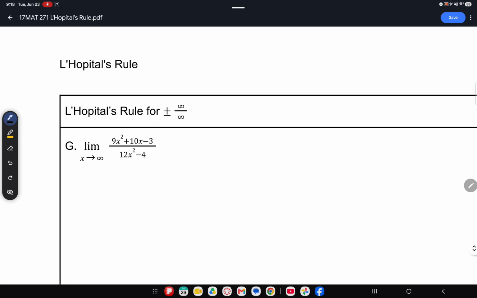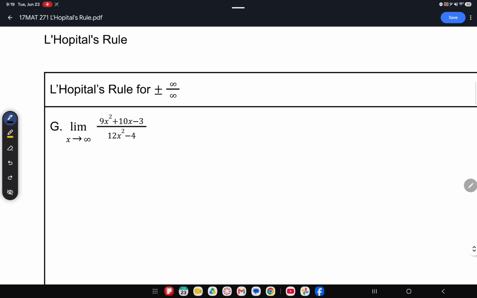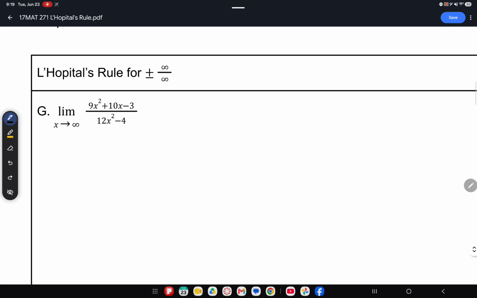All right. We get the infinities. Let's see what we can do. All right, I'm going to do a couple of things here. Let's do L'Hopital's, right? So we have the limit as x goes to infinity.